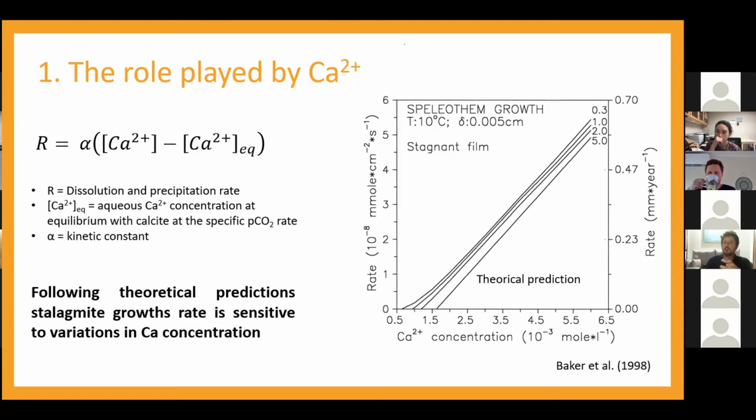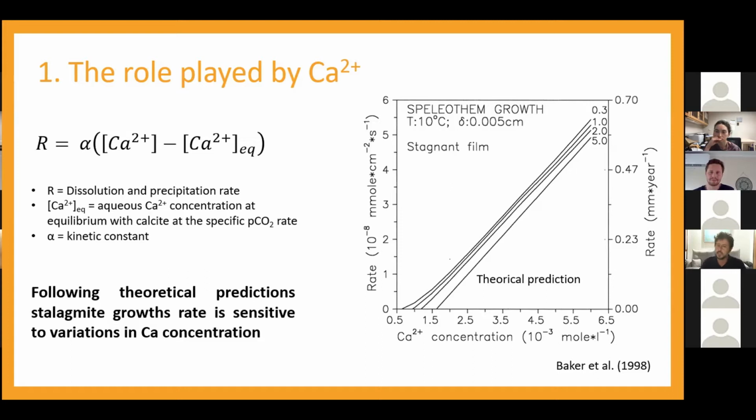So let's go through these main parameters. First, the role played by calcium. As you see, the deposition rate of calcite can be simplified in this equation with a kinetic constant and the difference between the calcium concentration of the solution and the saturation state. This rate will depend on temperature because the kinetic constant depends on temperature.